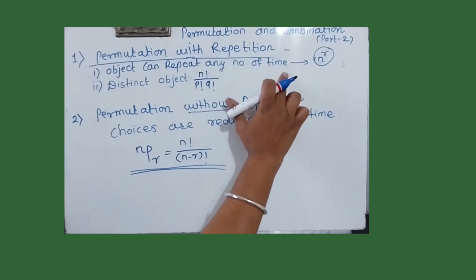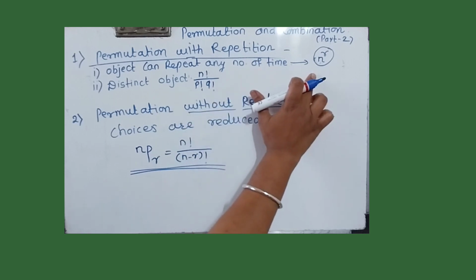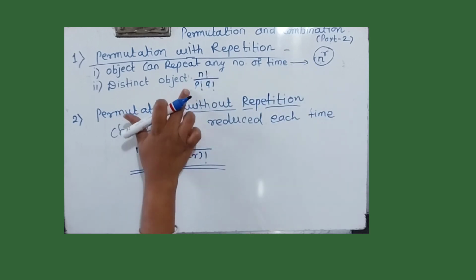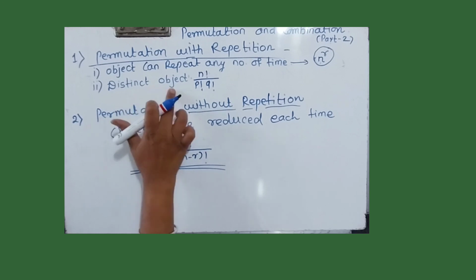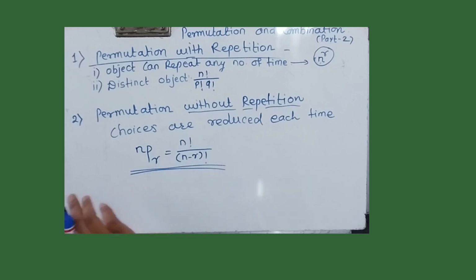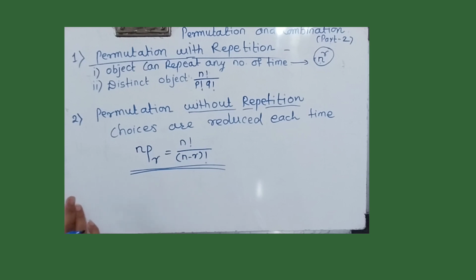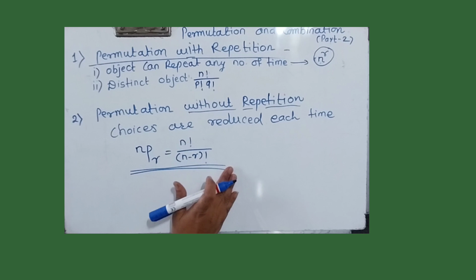With repetition, but objects can repeat any number of times. This is for with repetition but for distinct objects. Clear? All three formulas are very important. Take a screenshot and solve the problems.